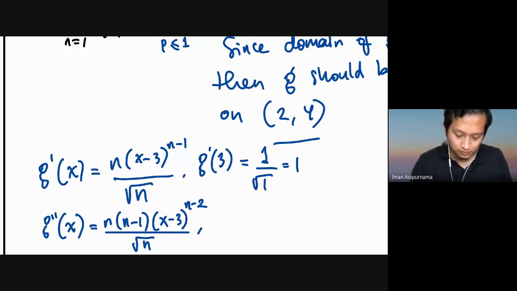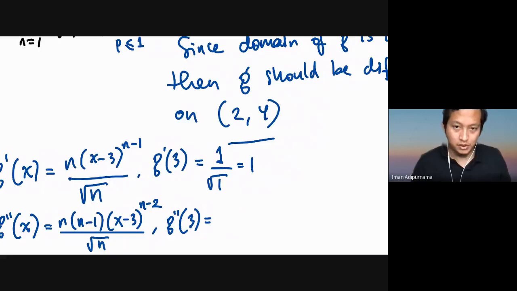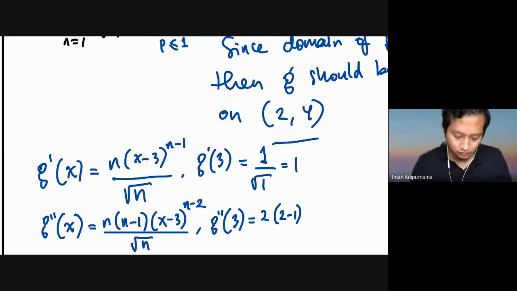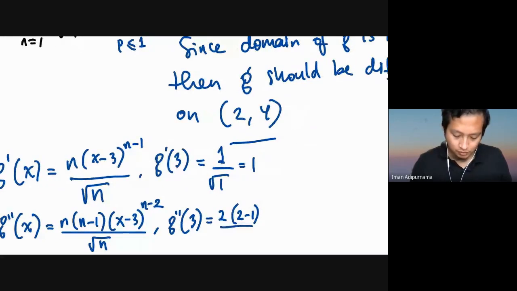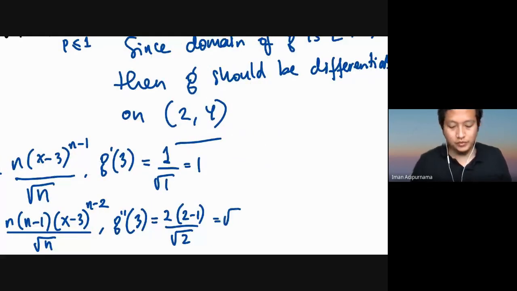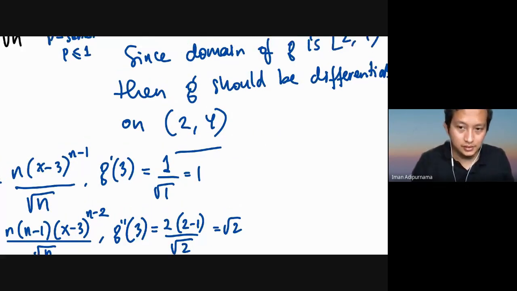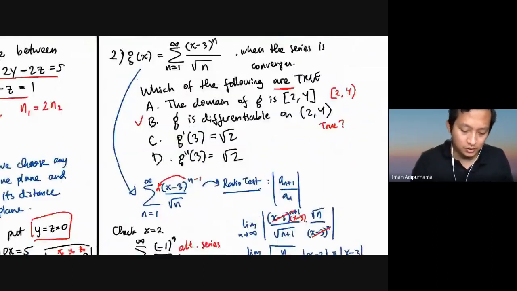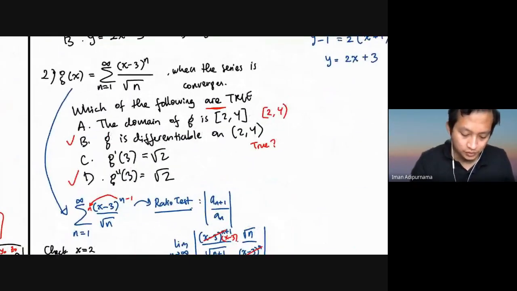So if we plug in 3, we get 2 times 1 over square root of 2. So that's correct, so D is also true. The answer for this one is B and D.